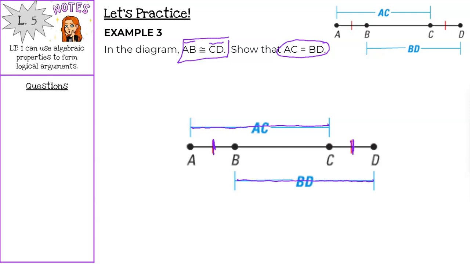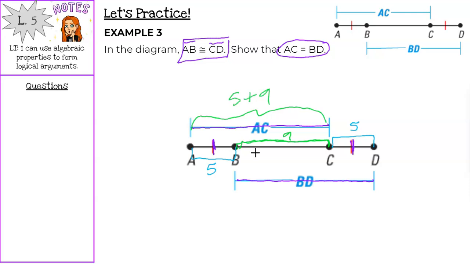I always like to make sense of it by adding numbers. So if I know that this chunk is congruent to this chunk, then they're going to be the same value. So I could say that they're both 5. Well, then this chunk right here is going to be the same because it's just one chunk. So I could call that, let's say, 9. So then AC, this length right here, would be 5 plus 9.